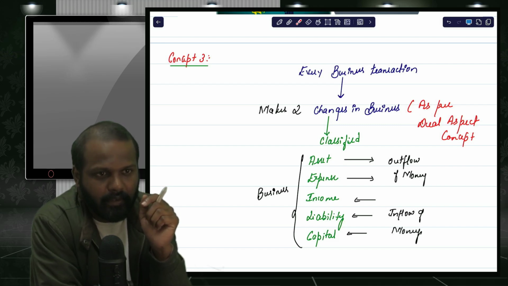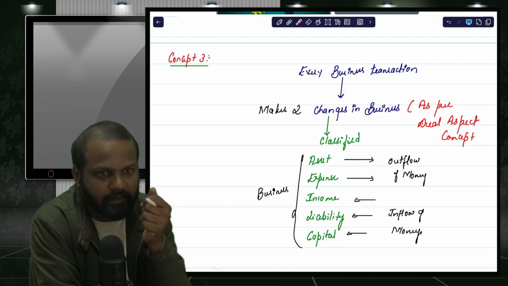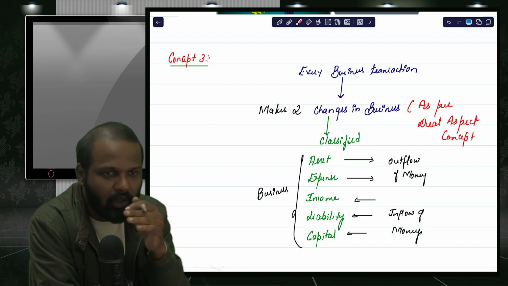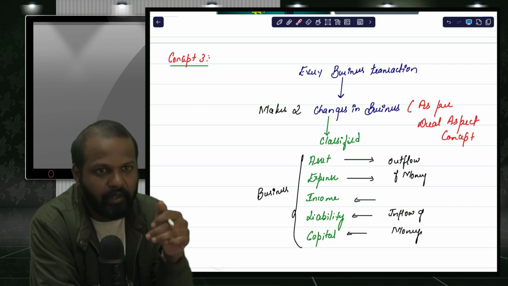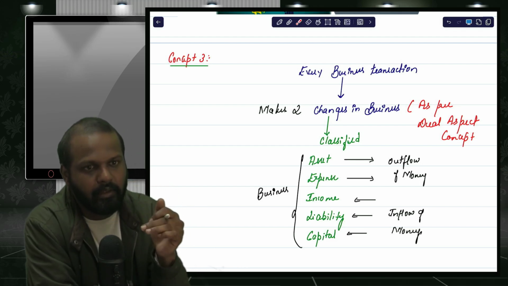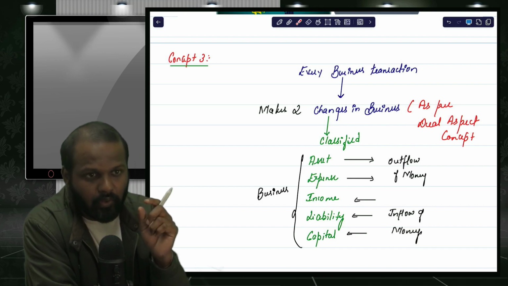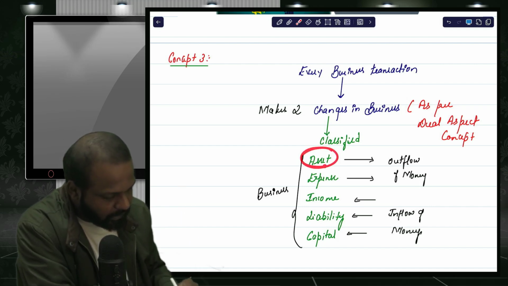Now you understand the two changes a business transaction is going to make in the business, that we can classify into 5 categories. Whatever changes happen in the business, you can classify or name them into 5 things. The first one is an asset.